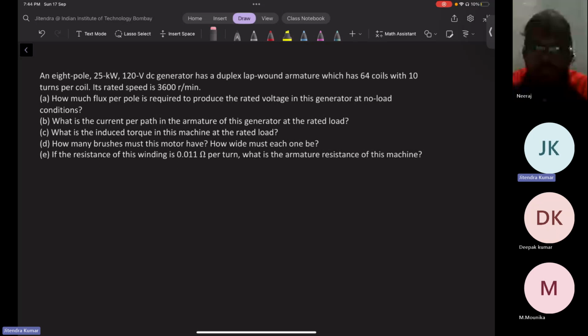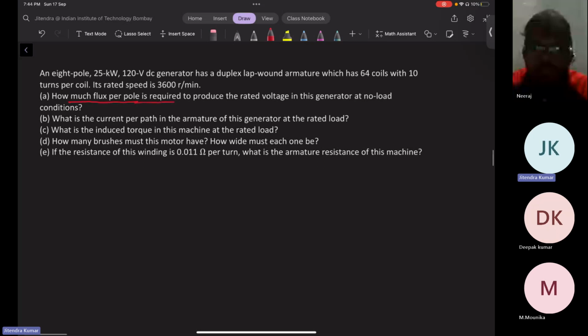Now we have to find out how much flux per pole is required to produce the rated voltage in this generator at no load. So I think it is a replica of the last question. That similar question we have to identify again.